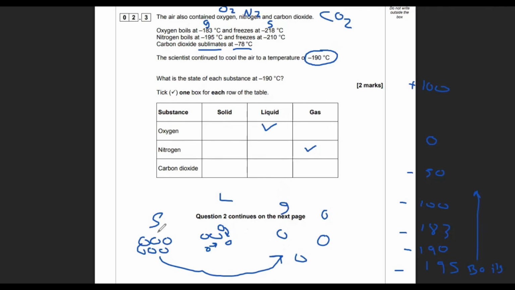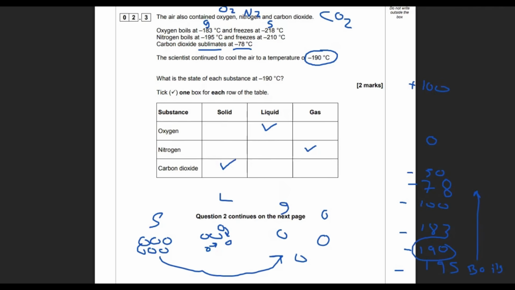Sublimate means you go from solid to gas. So that doesn't happen till minus 78. Are we at minus 78? No, we're nowhere near. We're at minus 190. So it's still going to be solid carbon dioxide. It doesn't have a liquid phase. It doesn't turn to a gas till minus 78. We're not that warm. We're down at a super chilly minus 190.